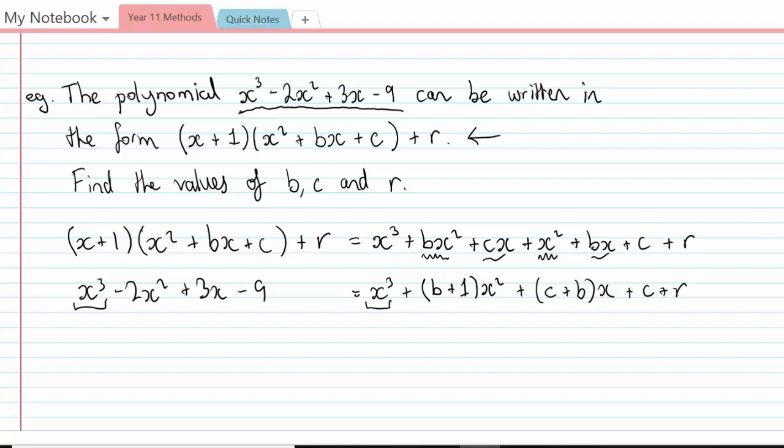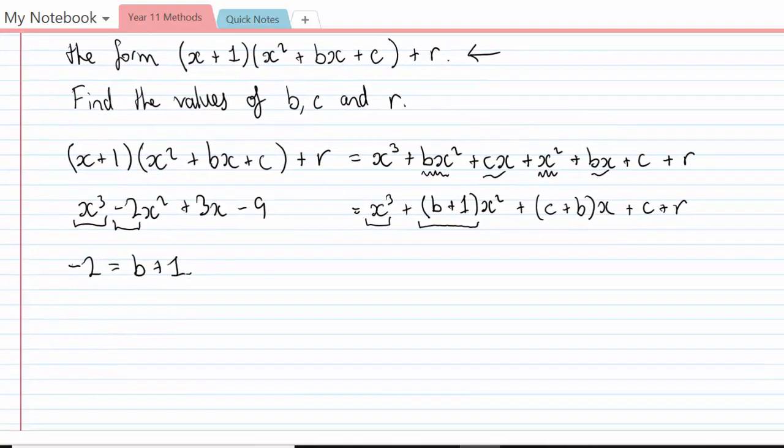We can see that the coefficient of the x squared term here is negative 2. And over here the coefficient of the x squared term is b plus 1. So just because they are equal to each other, that means that negative 2 must equal b plus 1, which I can then solve for b. If I take away 1 from both sides, that gives b equals negative 3.